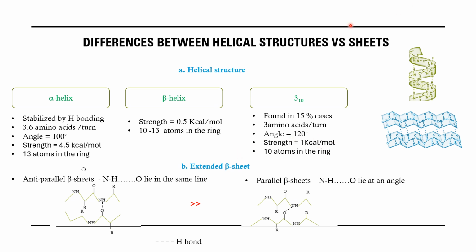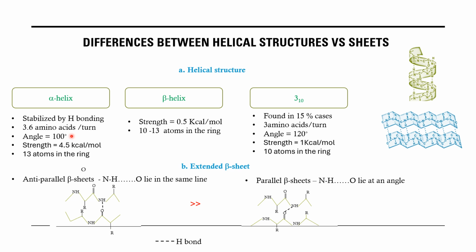3-10 helix. Now, one important feature of alpha helix is that they are amphiphilic in nature, as they have an equal distribution of both hydrophobic and hydrophilic groups. Generally, hydrophilic groups tend to face towards the interior of the helix.